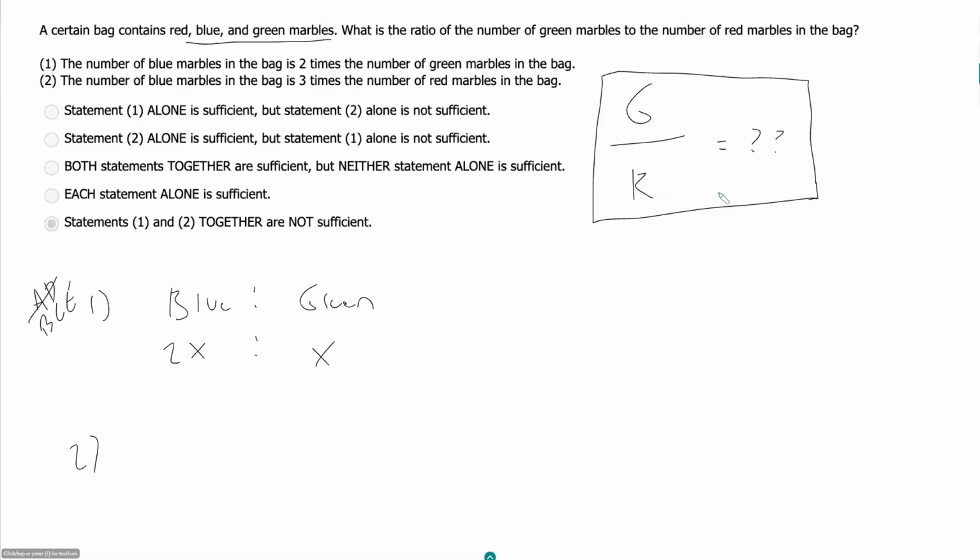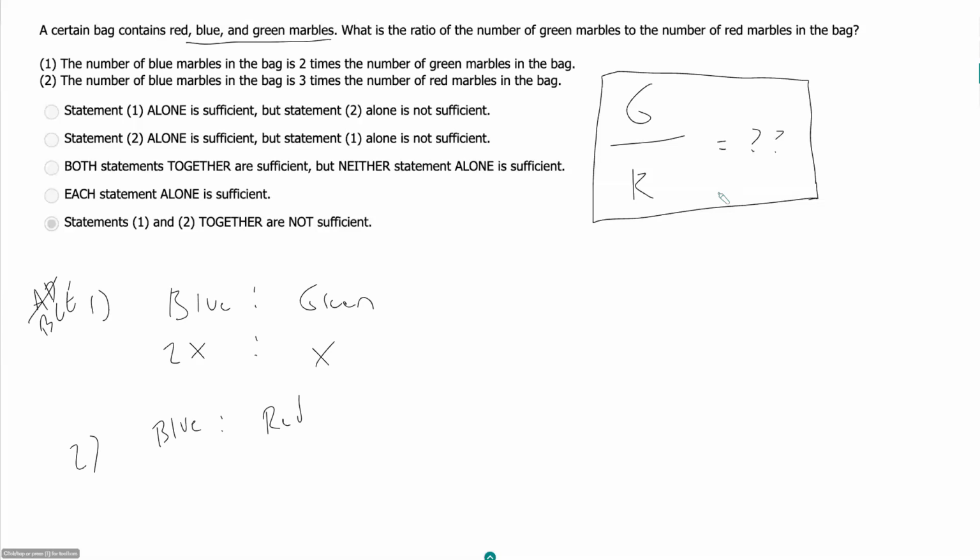The number of blue marbles in the bag is 3 times the number of red marbles in the bag. So now we know our blue to our red, and this is a different ratio than our first statement. So I'm not going to use x again here. X is just a multiplier.